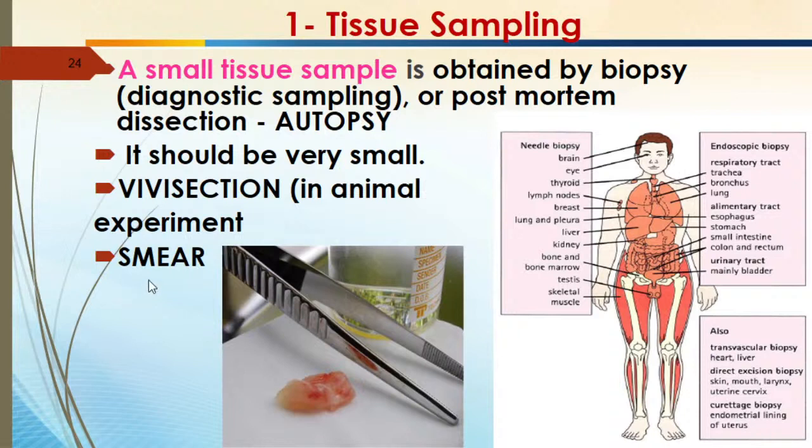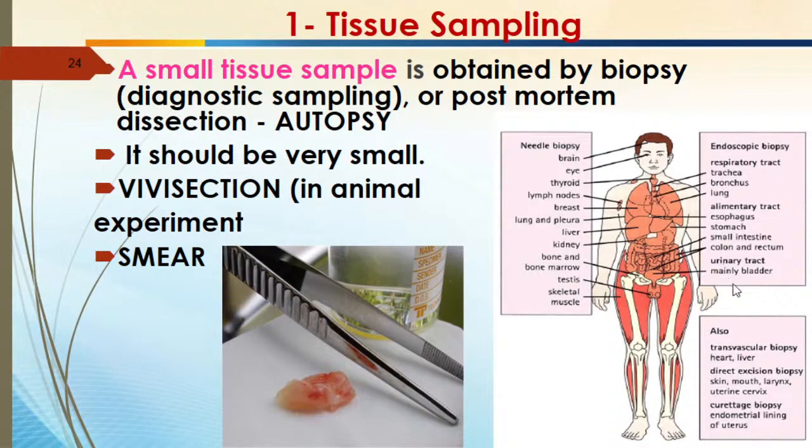Also, we use the investigation of smears. But what about biopsy? Needle biopsy we use for investigation of the brain, eye, thyroid, lymph node, breast, lung, liver, kidney, bone marrow, testes, and skeletal muscle.